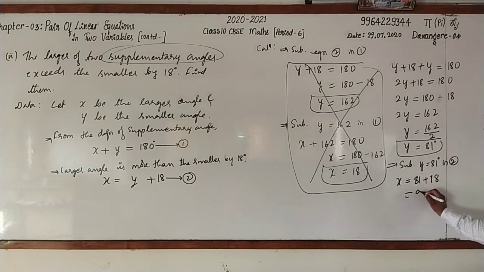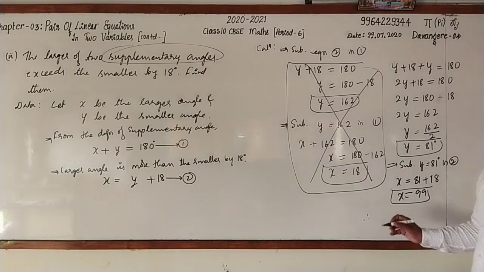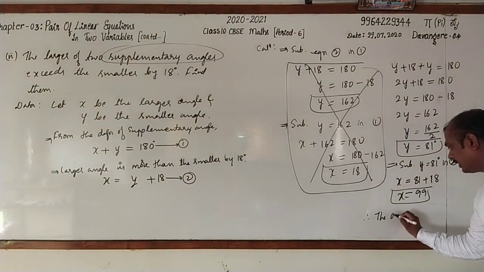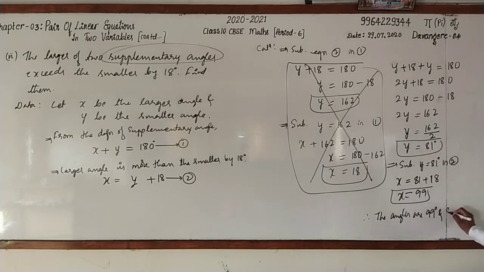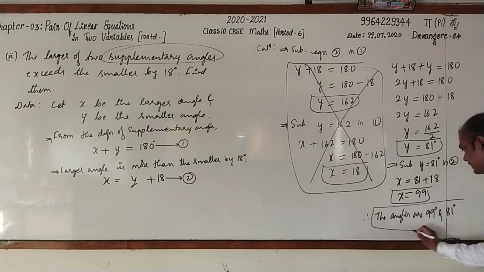It will be 99. x equal to 99. Now, therefore, the angles are: greater angle is 99 degrees and smaller angle is 81 degrees. This is the solution. Got it?